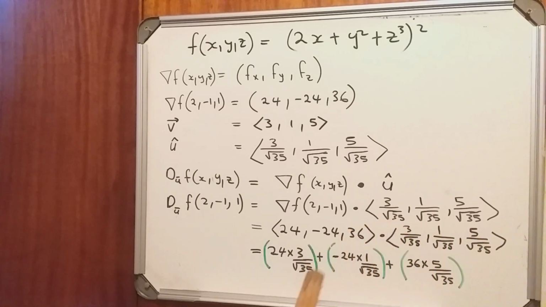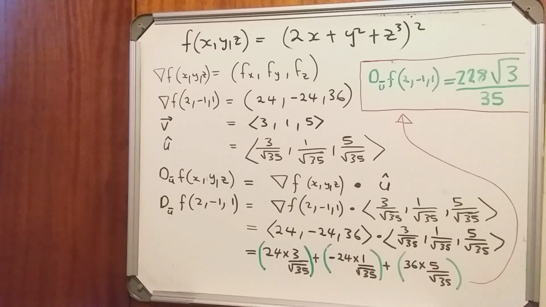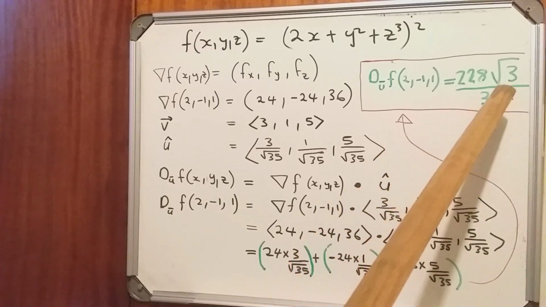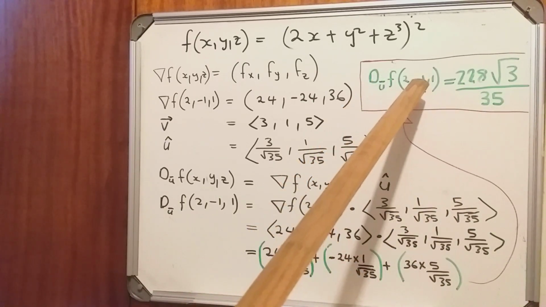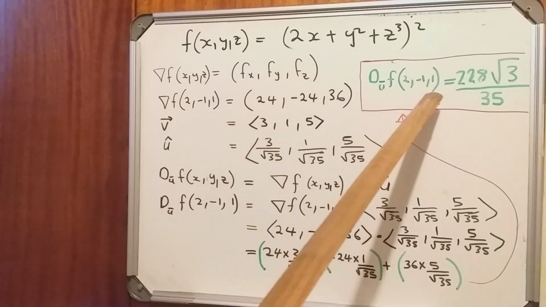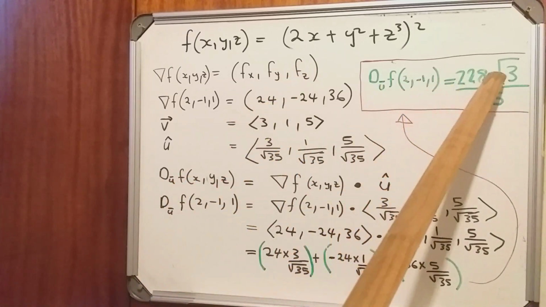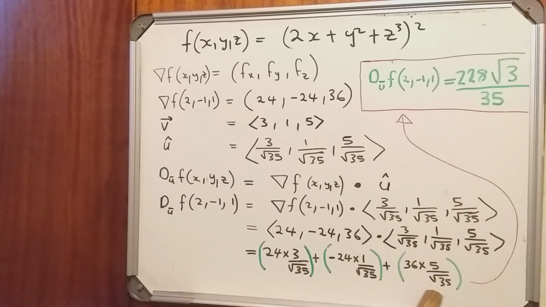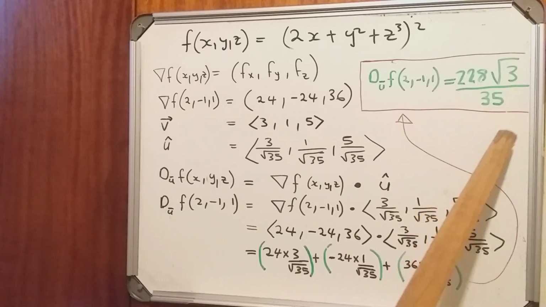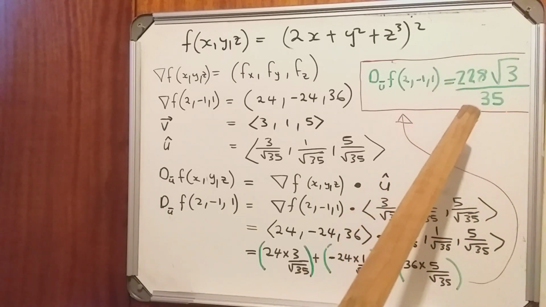Then if you simplify everything in your calculator, and rationalize the denominator, we are going to find that the directional derivative of f in the direction of the unit vector at this point will be equal to 228 root 35 over 35. That is the answer once the denominator has been rationalized. So we are going to get this as the final answer.